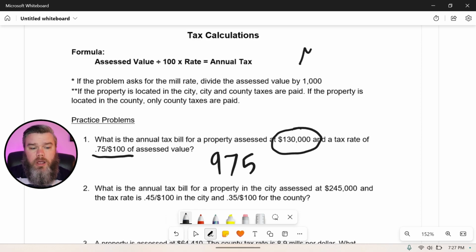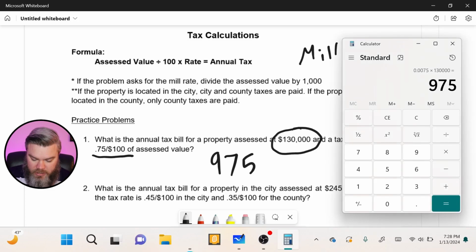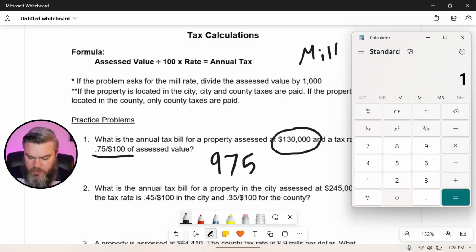Well, all a mill rate is a per 1,000 rate. So when we're looking at this problem, you owe this much per 100. Some municipalities and some states use this mill rate and say you owe this much per $1,000 in assessed value. Well, folks, let me show you this. If you look at a calculator, yet again, if we're looking at 100, we can divide 100 by itself to get 1, which would convert it to a per dollar rate.